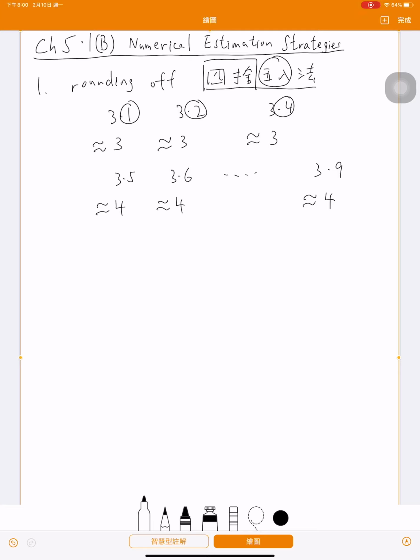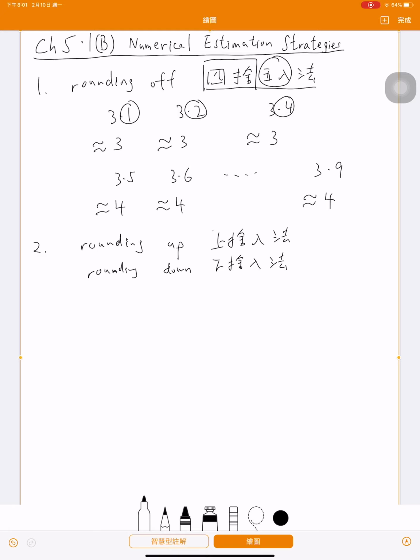So I will talk about the second one, that is rounding up and rounding down. In Chinese it's called 上捨入法 and 下捨入法.